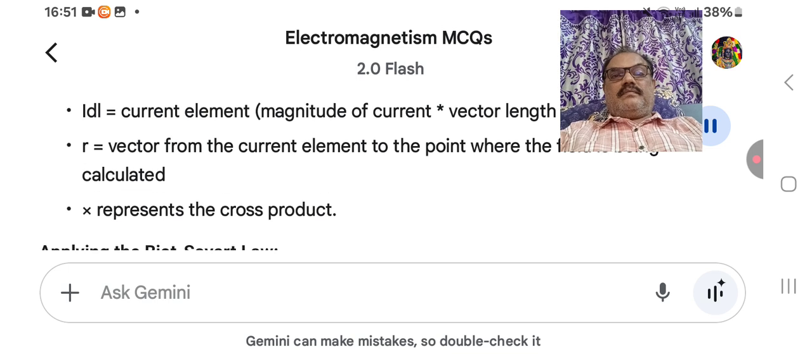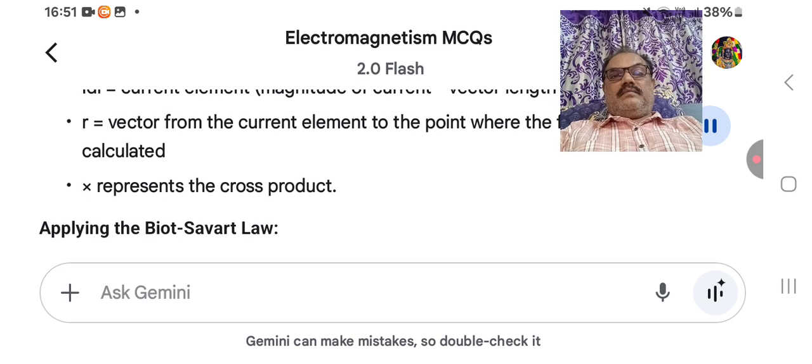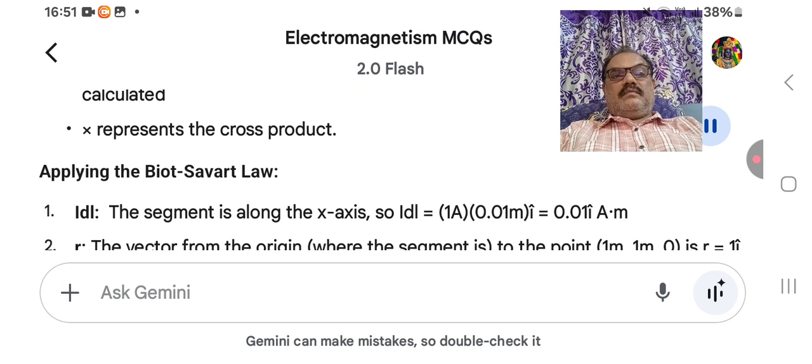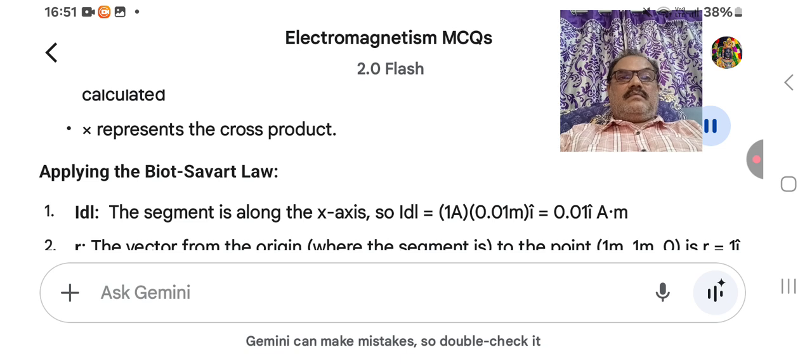Applying the Biot-Savart law. 1. I dl. The segment is along the x-axis, so I dl equals 1 A times 0.01 meters, equals 0.01 A·m in the i direction. 2. r.